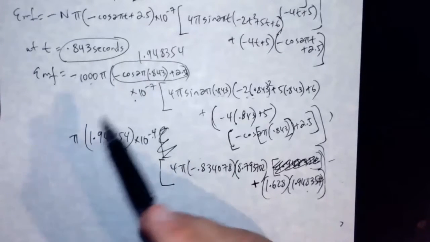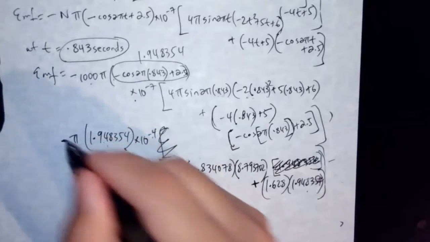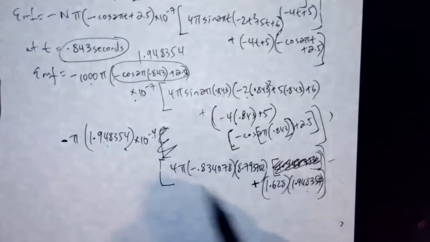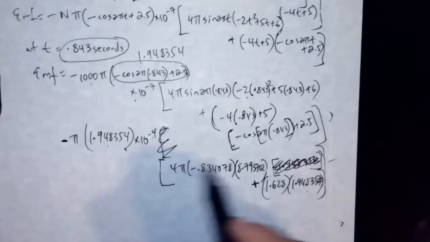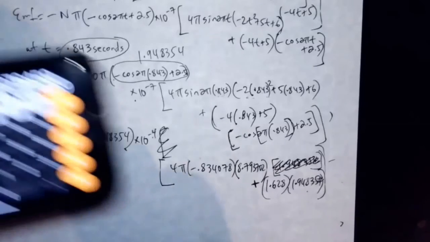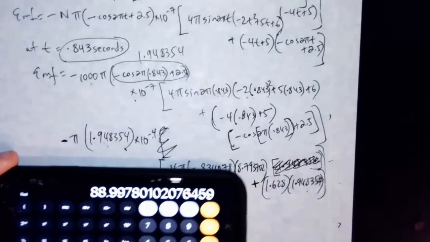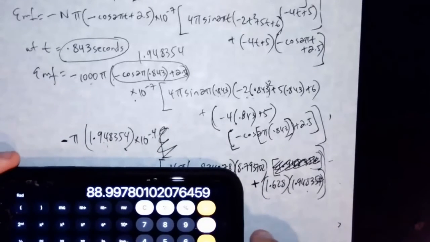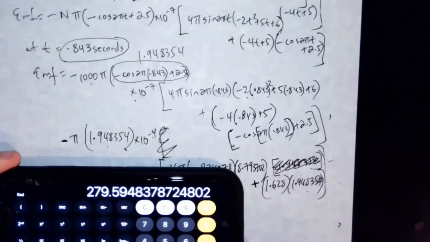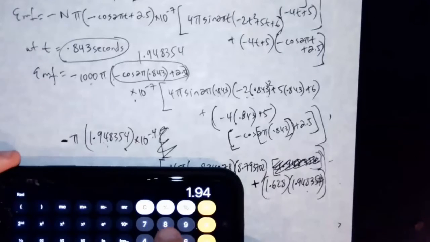Then you have the pi. Oh yeah, I want to make sure there's a negative outside. So this one came out negative. Then I multiply that by another negative, so I get rid of that negative. See, that was important. Times pi times 1.948,354.